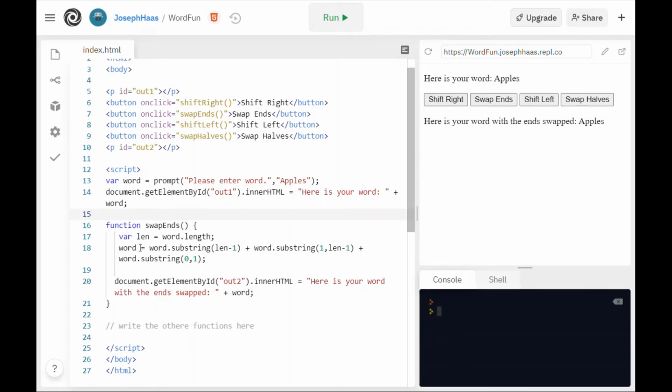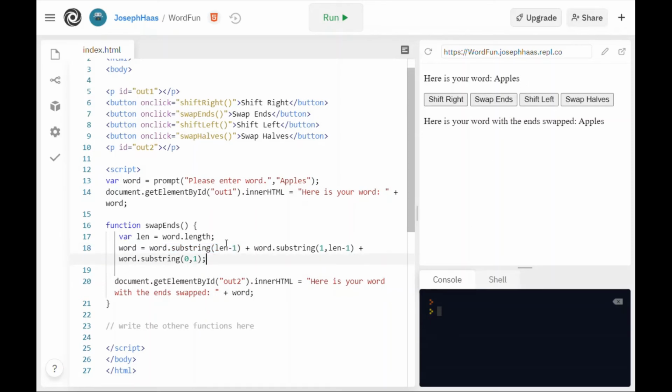So I'm now setting my word to 3 things concatenated together. Word.substring len minus 1. Well, len is 6, so len minus 1 is 5. That's the position of this s. And as you know, if you only give it one number, as I am here, it goes to the end. So word.substring len minus 1, that's the s in this case. It's the last letter, okay?